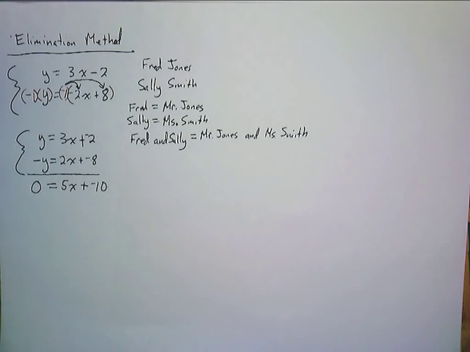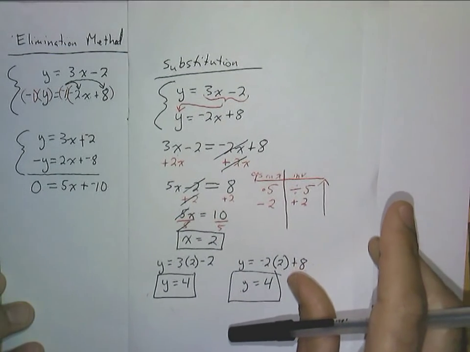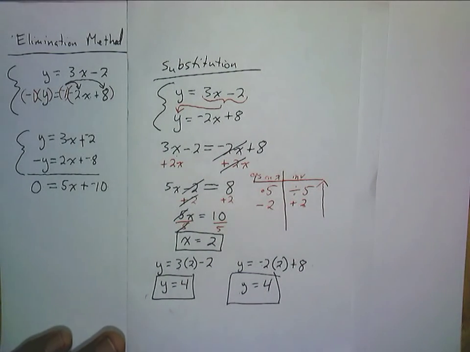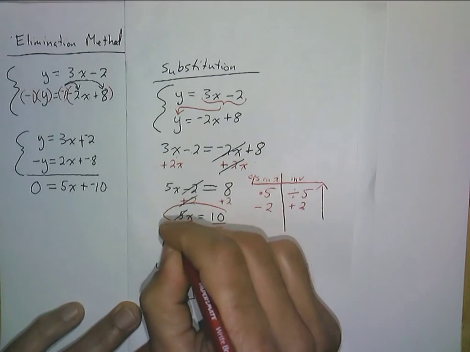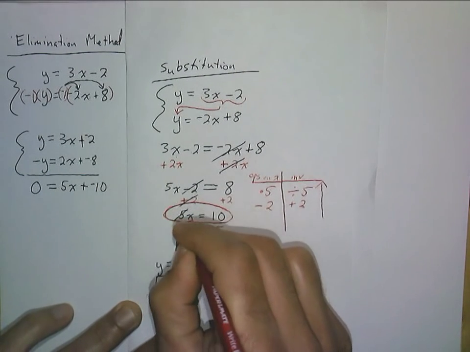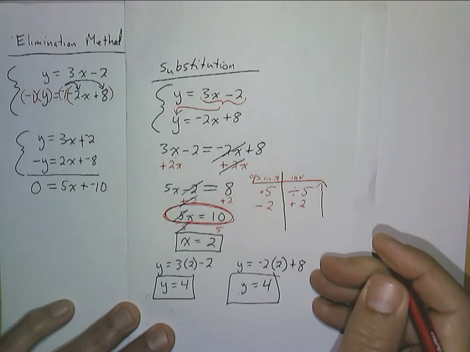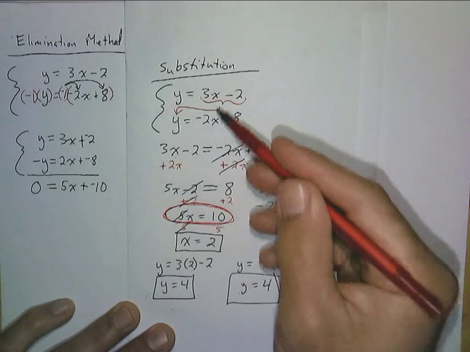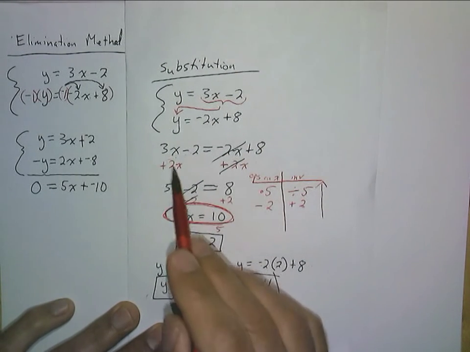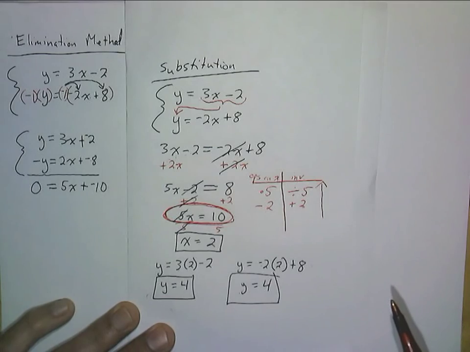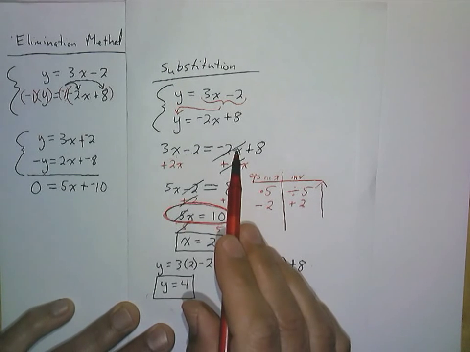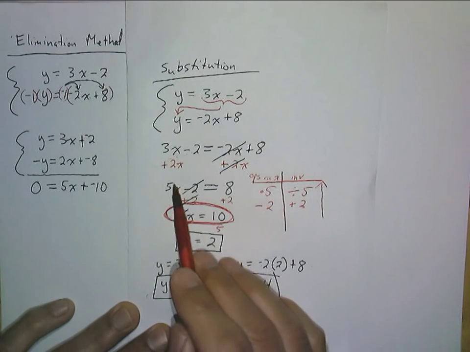But we might want to look back at what we did with the substitution method and notice that at some point along in here, what we ended up with was this equation right here: 5x is equal to 10. And that's really what happened when we did our substitution and then combined all of the like terms. We combined the 3x and then negative 2x on this left-hand side to give us 5x.